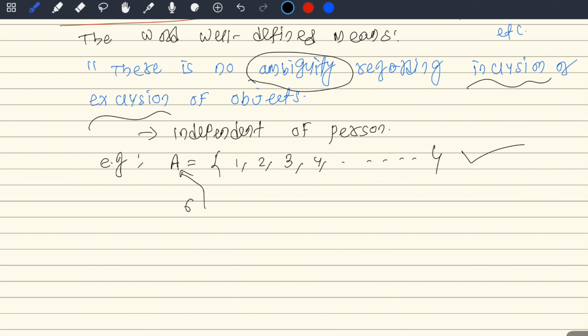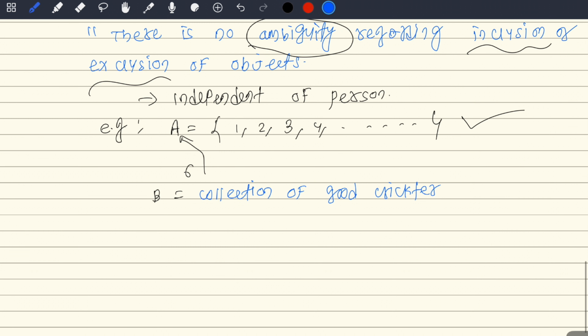For example, someone says, let me find the collection of good cricketers. So B is equal to the collection of good cricketers.